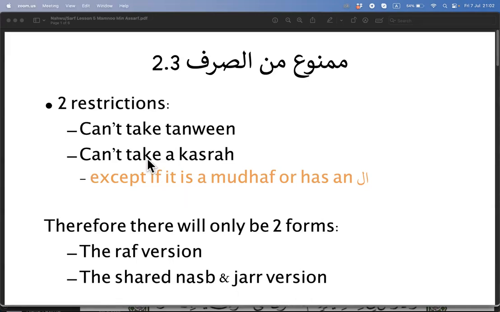All right. Sorry. What's the default sign of a rafa word? Default sign is dhammah. Good. What about nasab? Fathah. What about jar? Kasrah. Good.